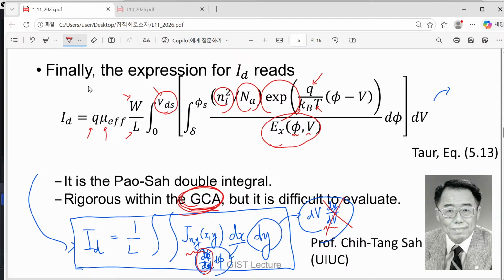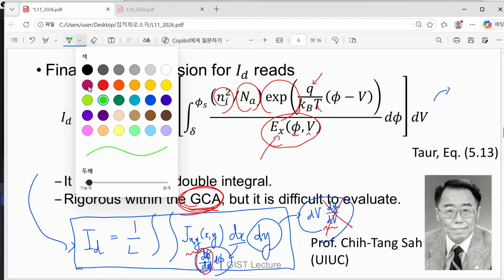What will be the vertical electric field? That is a little bit difficult and needs further elaboration. But the most complicated part is not here. Please try to find the hidden, most difficult part to evaluate.